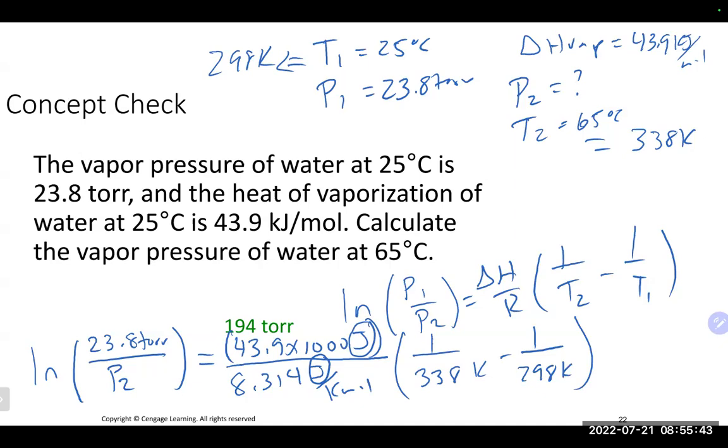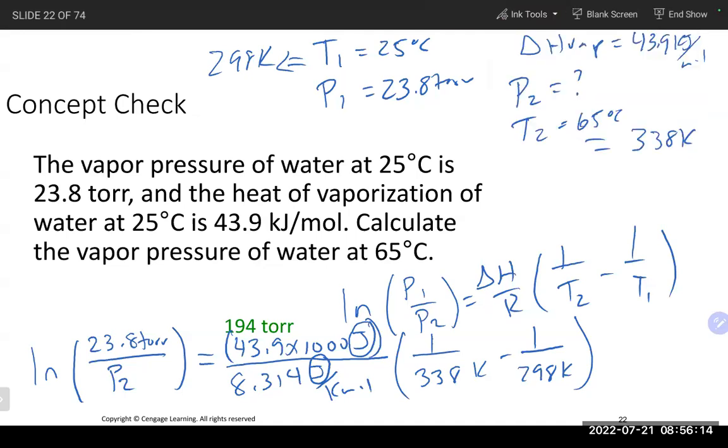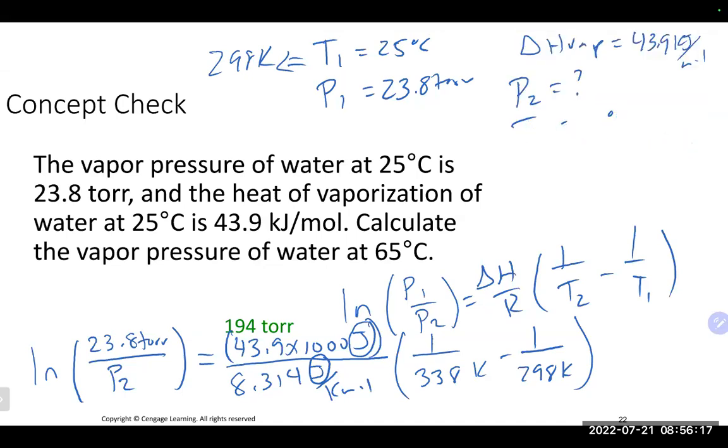I'm going to clean up everything on the right-hand side here, I think. So that's going to give me 1 divided by 338 minus 1 divided by 298. I'm then going to multiply that by my 43.9 times 1,000. I'm then going to divide that by 8.314. Clear out some mess here.